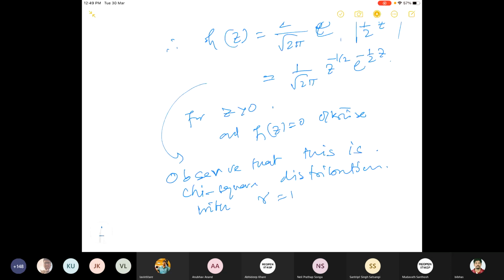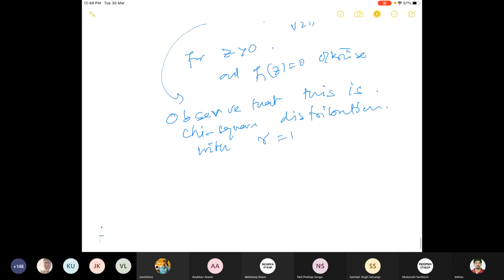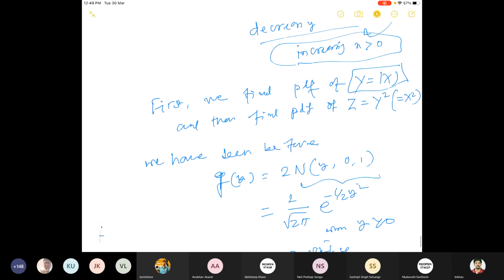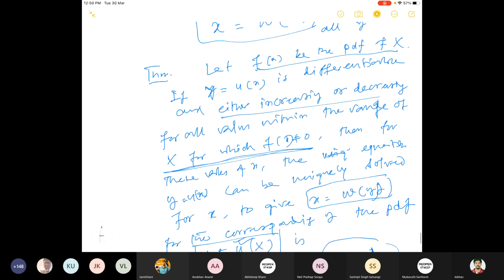Now we'll talk about transformation. This is the rule for transformation, and there are two things you need to remember. If the PDF of x is known and you want to find the PDF of y, we have to check that u is differentiable and either increasing or decreasing when f of x is not equal to 0. If that is the case, you can directly apply this theorem. If it is not the case, suppose u is not increasing or decreasing, then you have to use a trick to make use of this theorem.